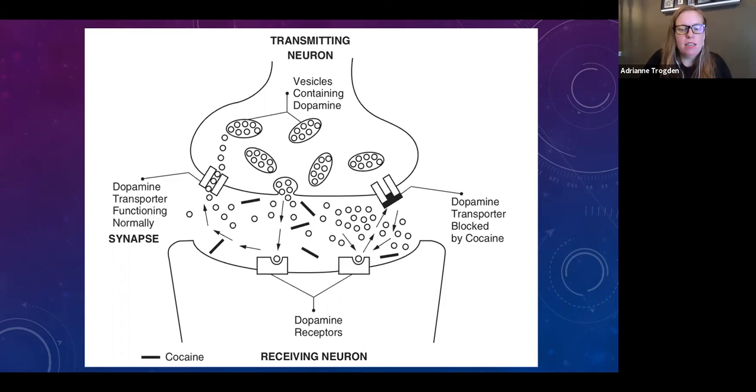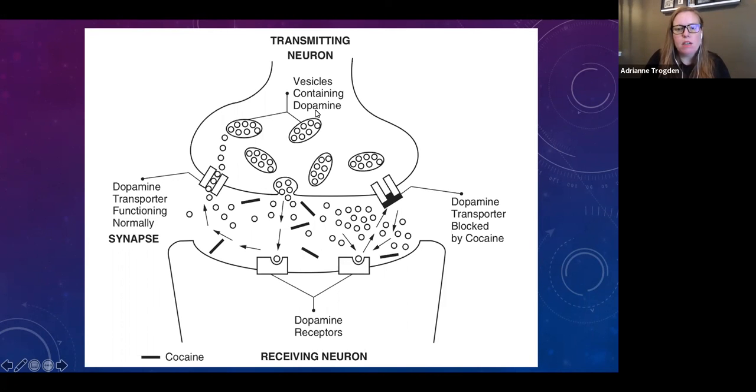In the brain, we have several neurotransmitters, like serotonin, norepinephrine, dopamine, and GABA. There are several that have been identified. Depending on which substance or chemical somebody is using, it's going to impact one of those neurotransmitters. In this case, cocaine impacts dopamine.